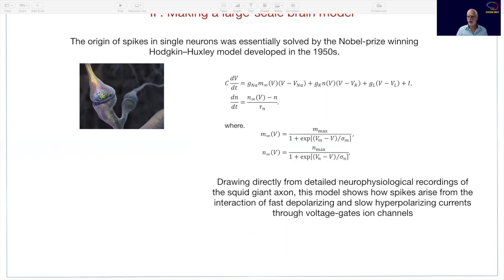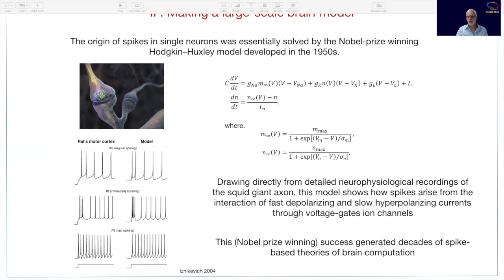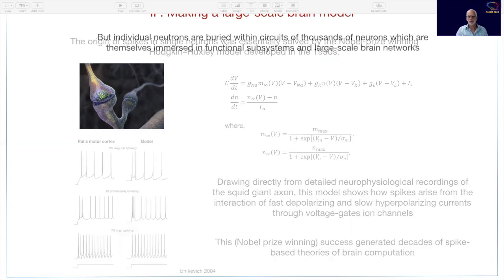And this model, which was developed with careful observations of the single cell, actually the squid giant axon, works fabulously successfully for understanding and predicting and forecasting the behavior of individual neurons. And in fact, it earned Hodgkin and Huxley the Nobel Prize.